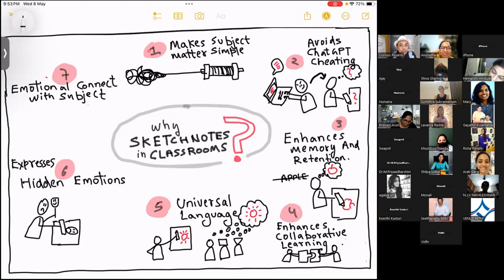So maybe he was thinking about maths or science, which represents a number or an experimental diagram. Okay, so I understand emotional connect with the subject is when something, like a formulation, is being put, and the student understands it emotionally as well.